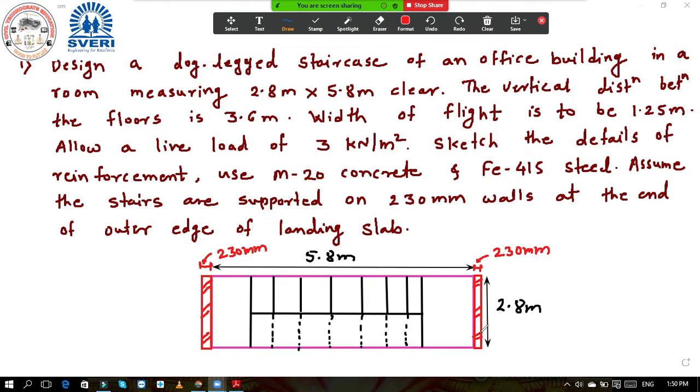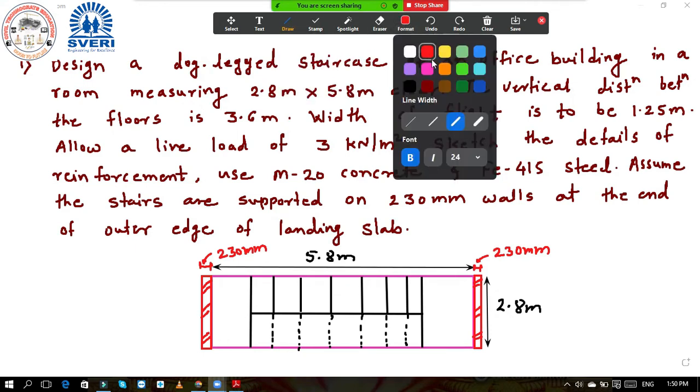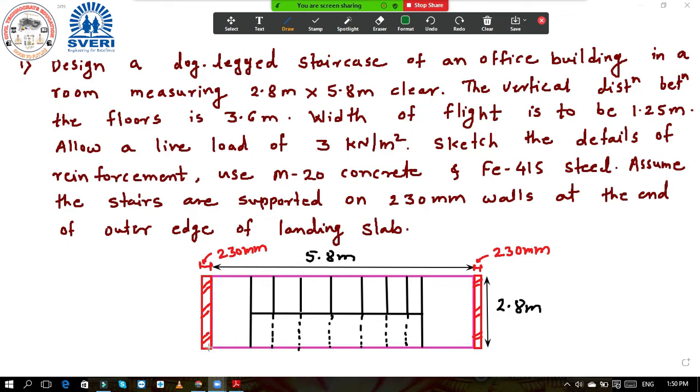Now in this case, if we want to calculate the effective span, then your effective span will be from the center of this support to the center of the second support. This is the center to center distance.